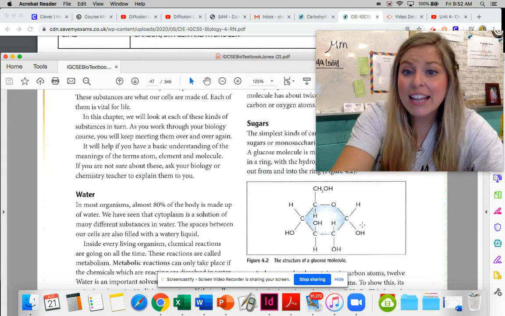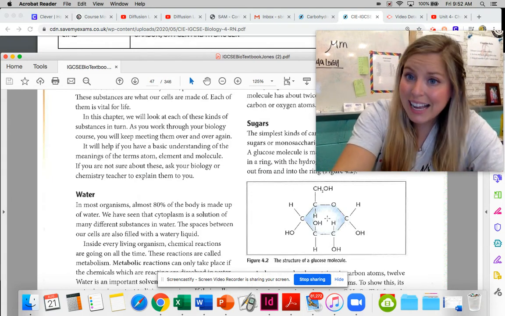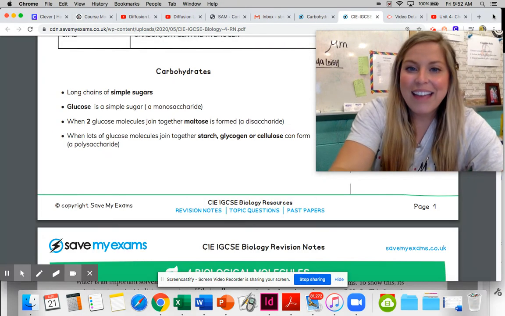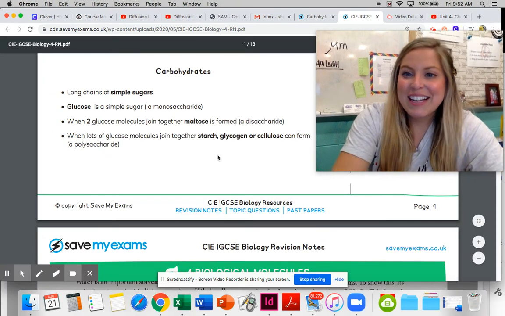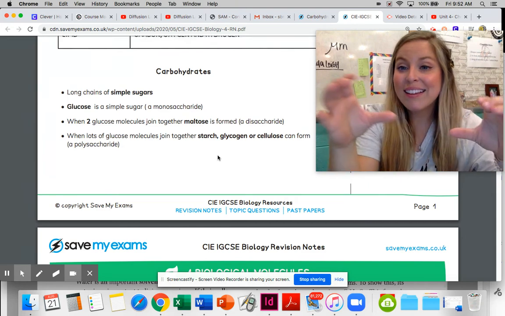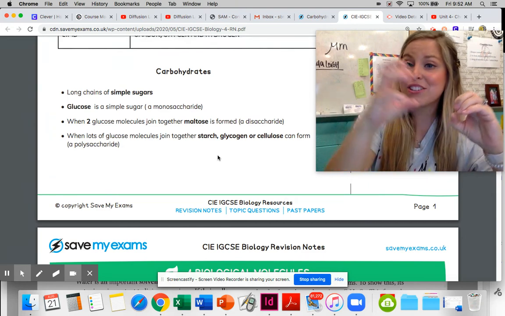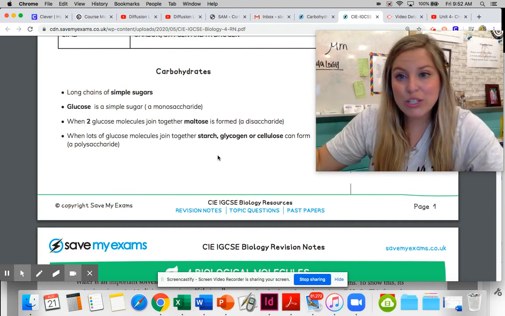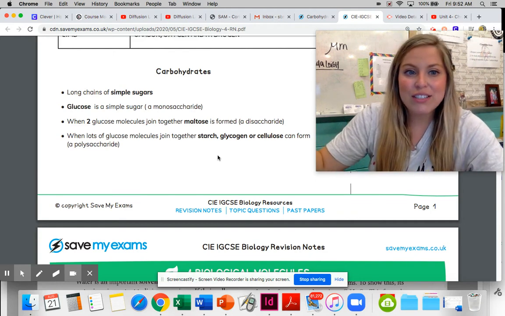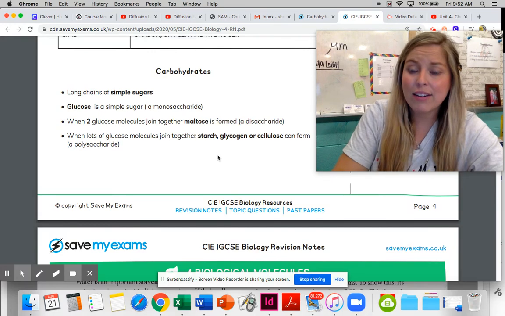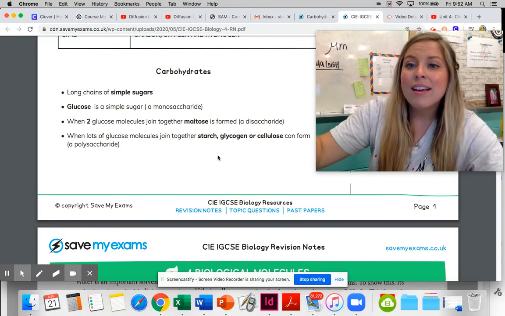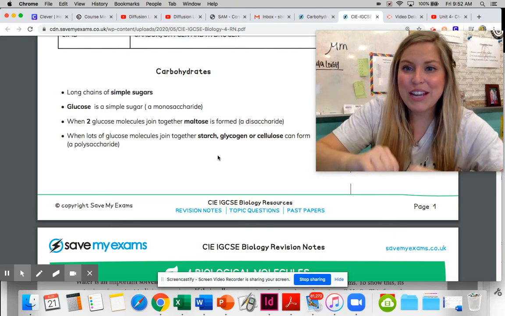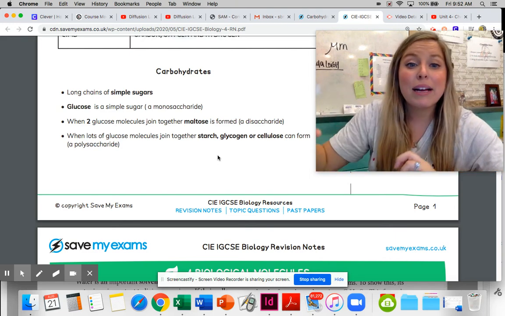So if there were two, we would call that a disaccharide, and that could be something like sucrose or maltose. Okay? We also need to discuss that each of those carbohydrate molecules can just keep building and building, forming incredibly long chains of carbohydrates. What we call that is a polysaccharide, because there are several of those individual hexagon-shaped carbohydrates bonded together.